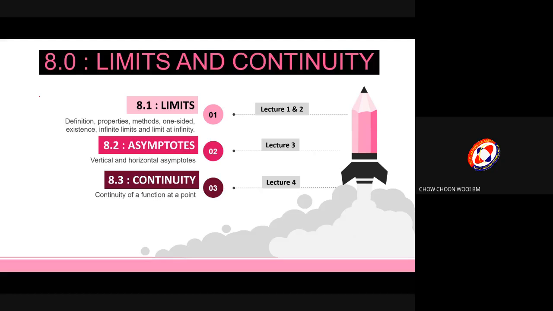Belajar 3 benda lah. Satu, limit yang kita dah belajar dulu, tapi kita kena perbaiki mindset kita. So yang kedua is about asymptotes, how to find the asymptote, and then lecture 4 is about continuity lah, continuity at the point, keselanjaran pada satu titik dalam bahasa Melayu.